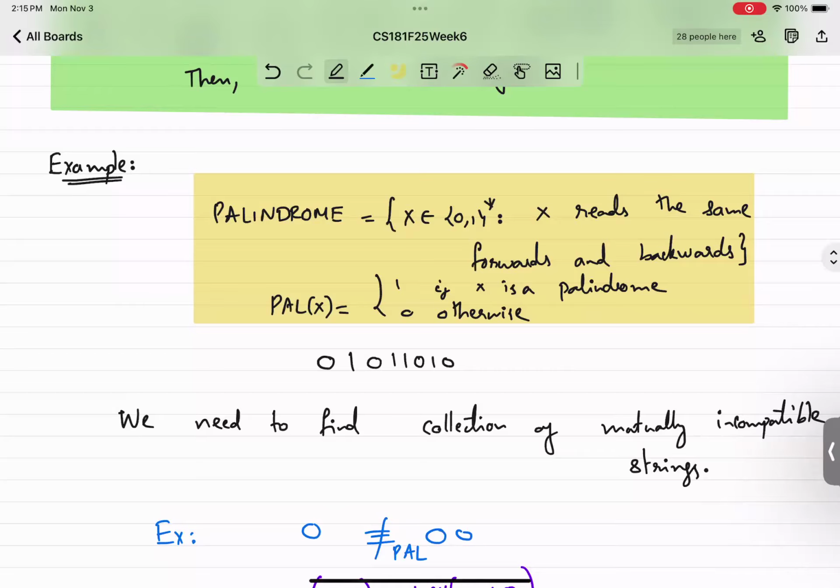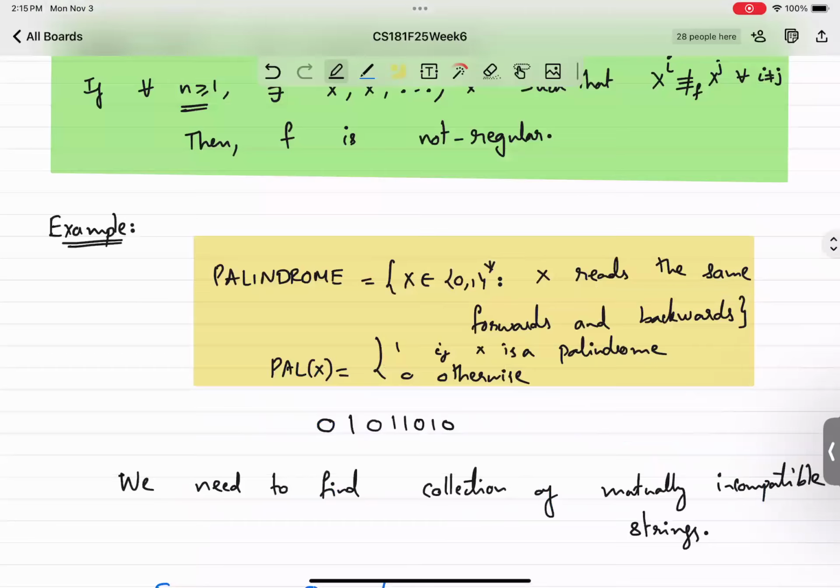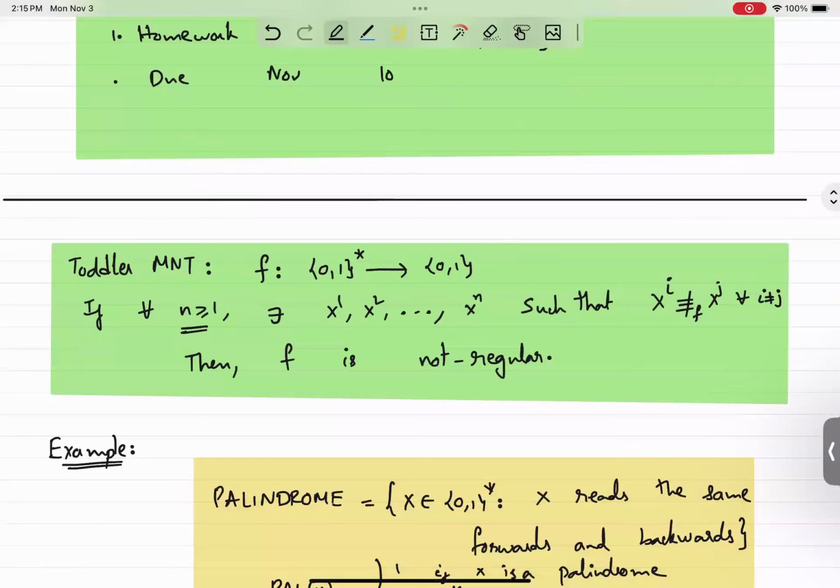If it's infinite, then obviously, that's what Toddler MNT was saying: if I can find more and more strings which are all pairwise not equivalent, then the function is not regular. If it is finite, for example, last class we saw a language where, if I'm trying to do mod 1000, I could find 1000 strings which are all not equivalent to each other. But it turns out you cannot actually find 1001 strings. 1000 easily.